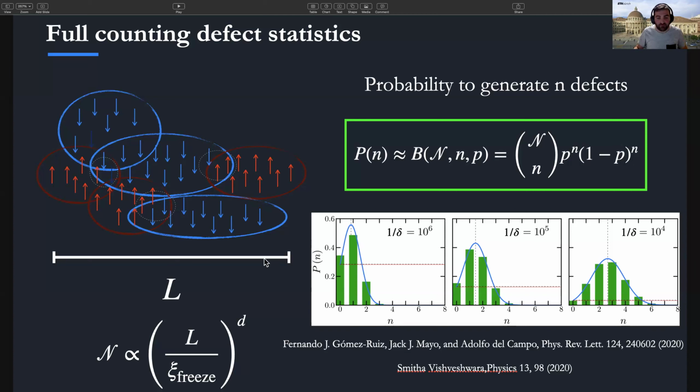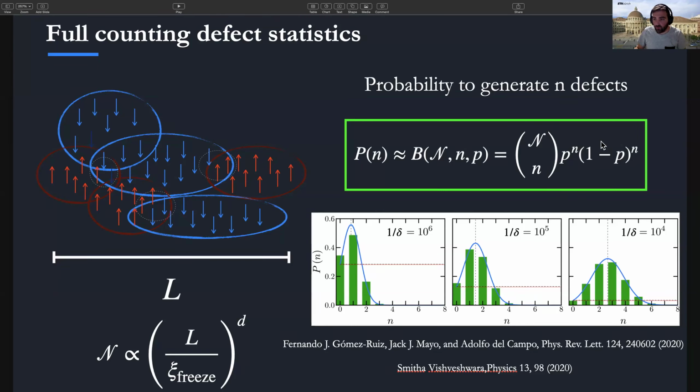And they studied the case of basically the two-dimensional classical system. As I said, the universality is exactly the same. And they showed that the probability to generate n defects is a binomial distribution that depends on these effective sizes of the system and on a parameter p, which is a fixed number which depends on the system in discussion.